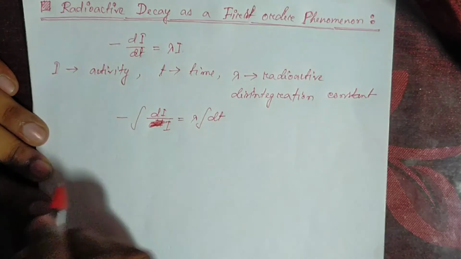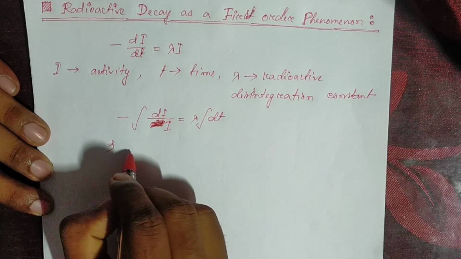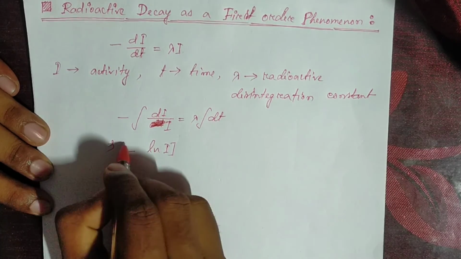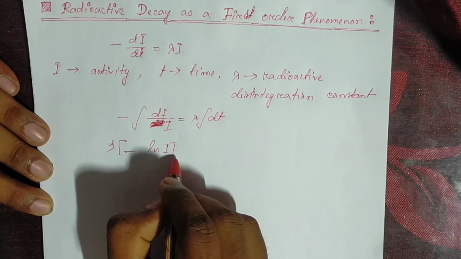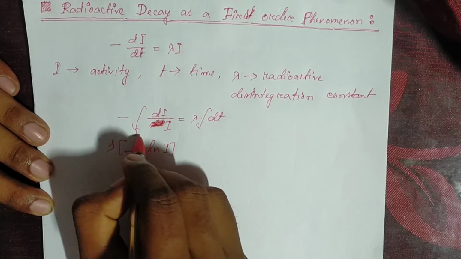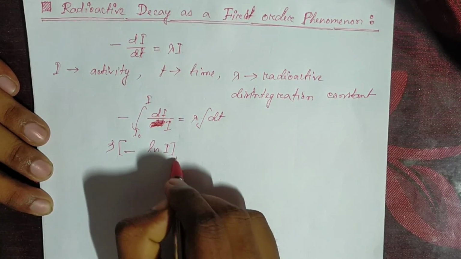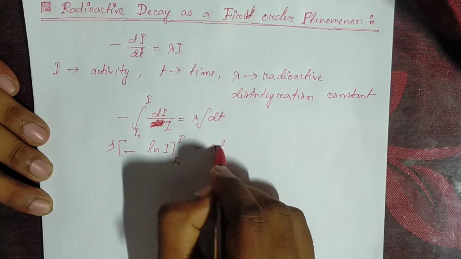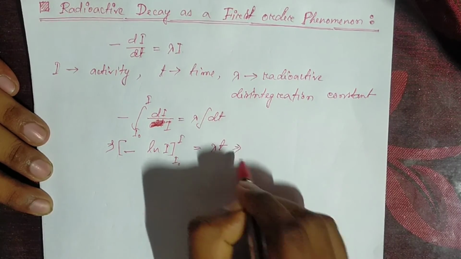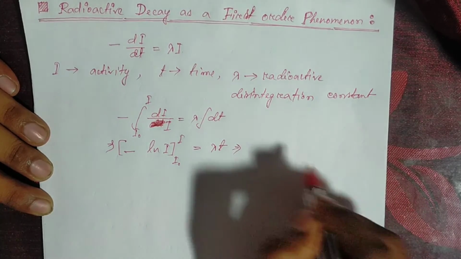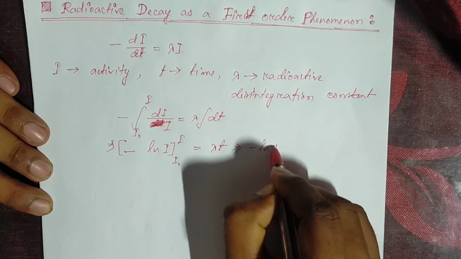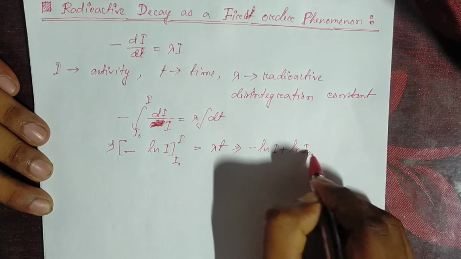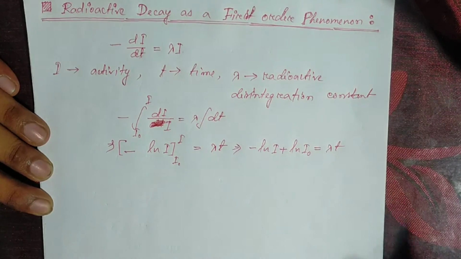So we can write minus ln I, and this integration will be from I naught to I, so it will be I naught and I, and lambda t. So we can write ln I minus, and it will be plus ln I naught is equal to lambda t.